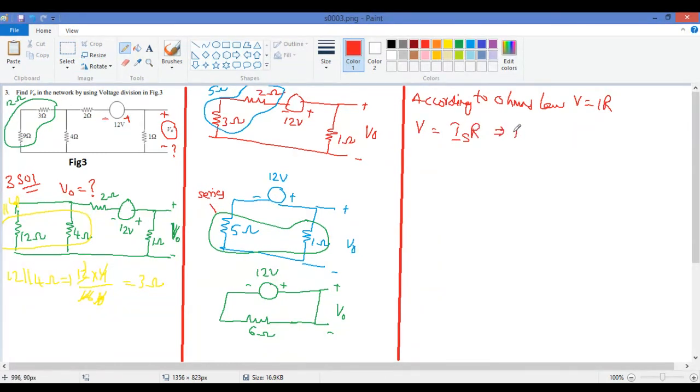So let us find out I is equal to V by R. What is V here? We have 12 volts, divided by R, which is 6, so we get 2 amperes. Therefore, I get Is is equal to 2 ampere.